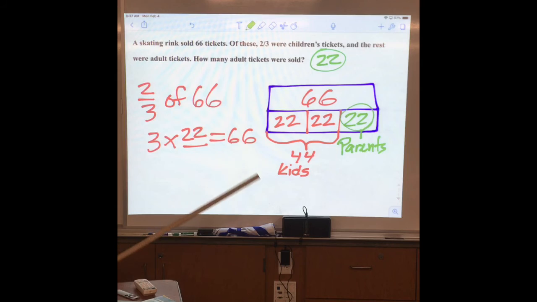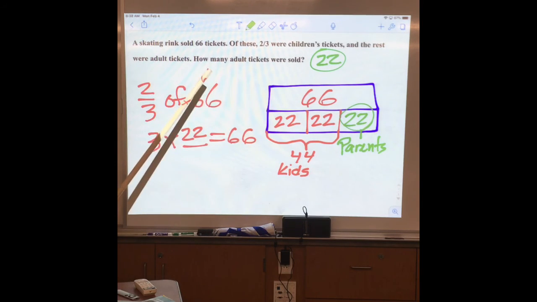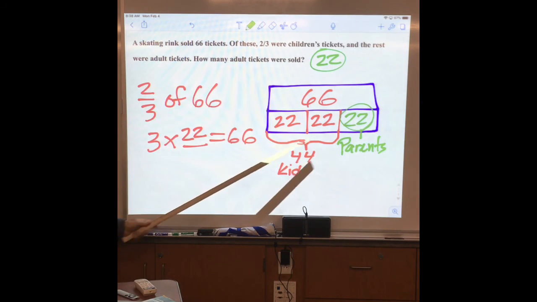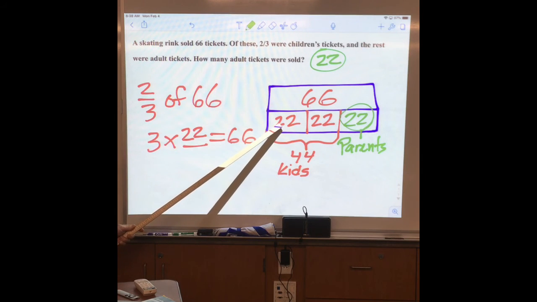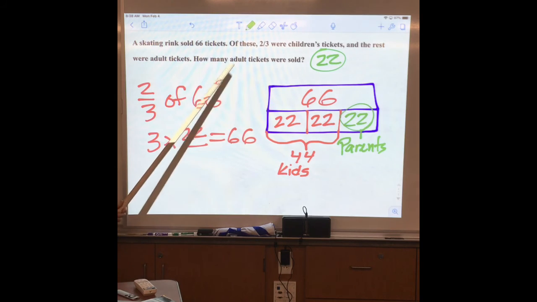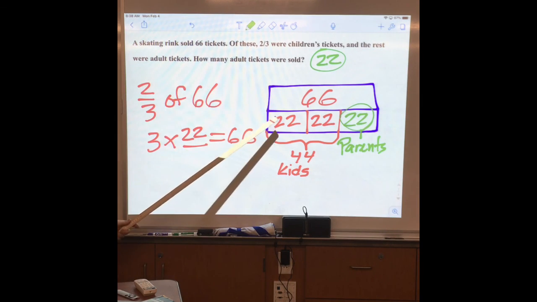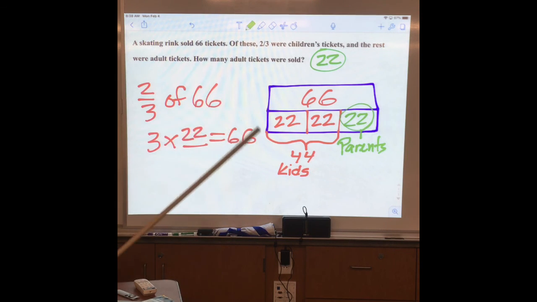Don't fall for that trick when that's on a test, okay? Finish reading the question and see what they're asking for. So this was actually easier than we thought, because we could have just taken this number right here and said, oh, that's the adult tickets, was just 1/3 rather than the 2/3 of the children.